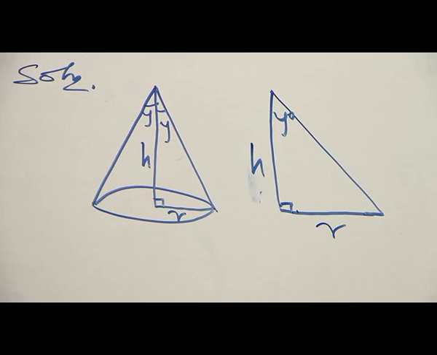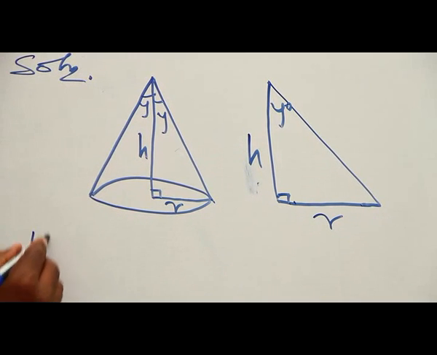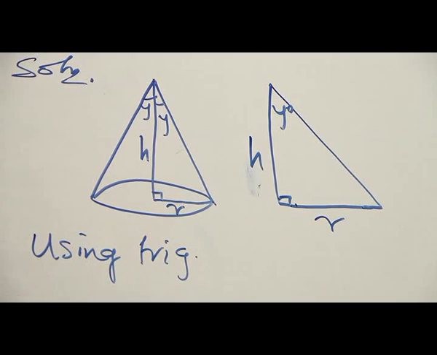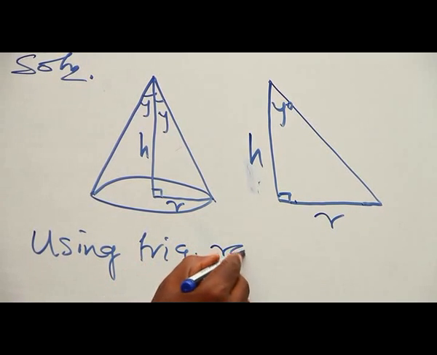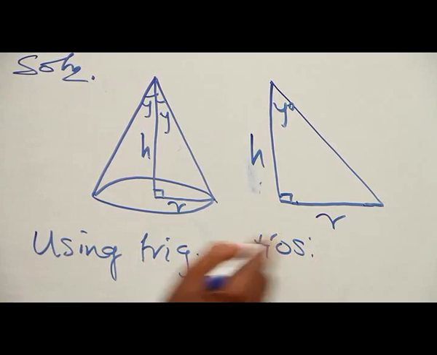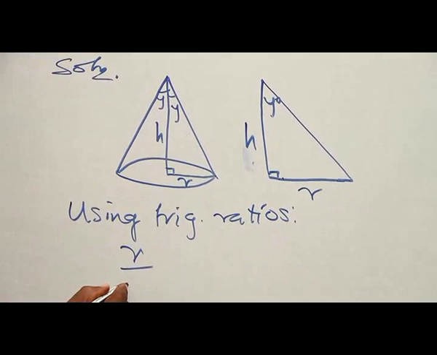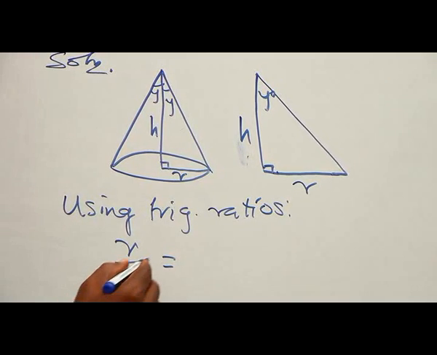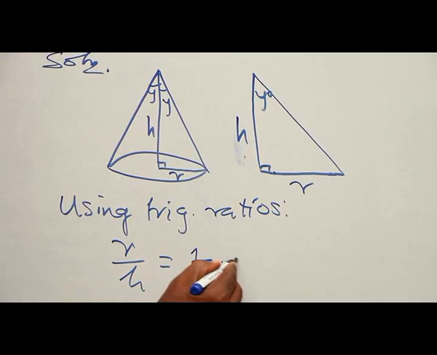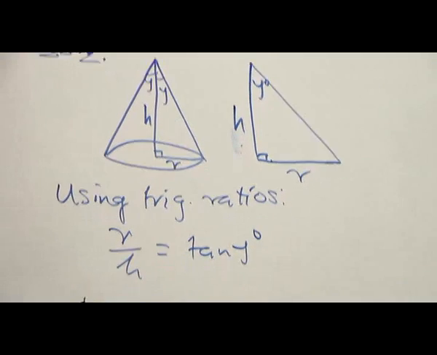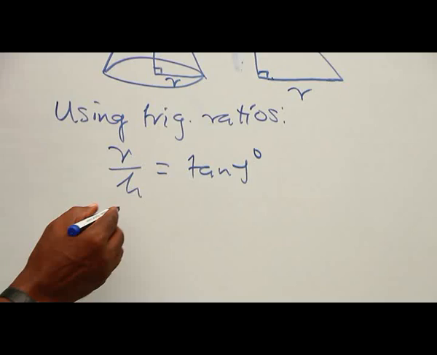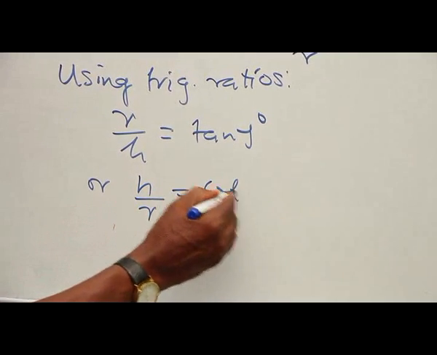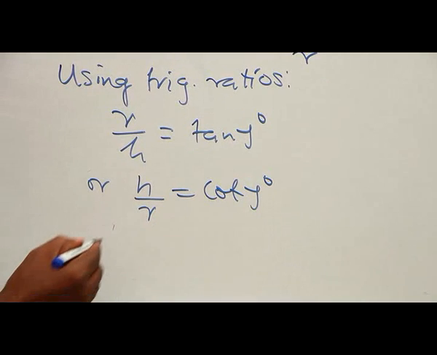Using trig ratios, trig for trigonometry, we have that r all over h is equal to the tangent of the angle y. Or we can say h all over r is equal to cot y degrees.